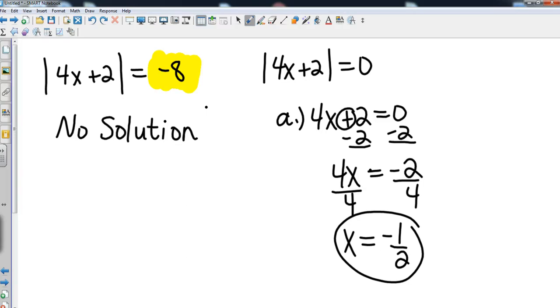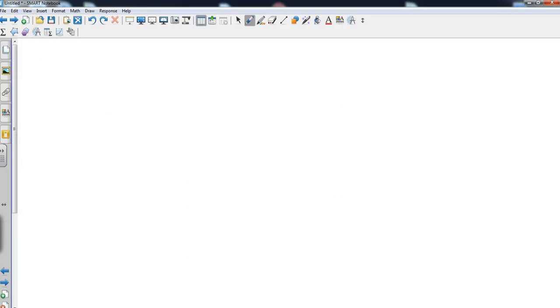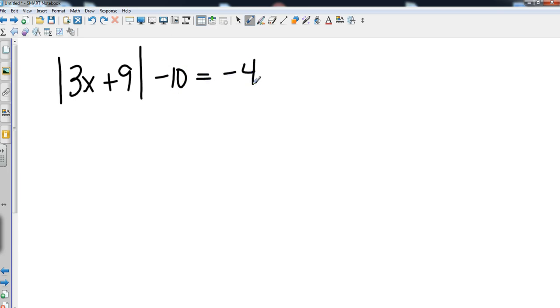Now, there might be some different twists. We could see something like this, and you might say, well, Mr. Renault, you just said just a minute ago that absolute value couldn't be negative, and that is absolutely true. But what they've done is they've put a negative 10 on the outside of our absolute value.